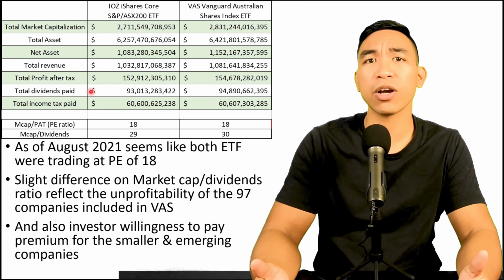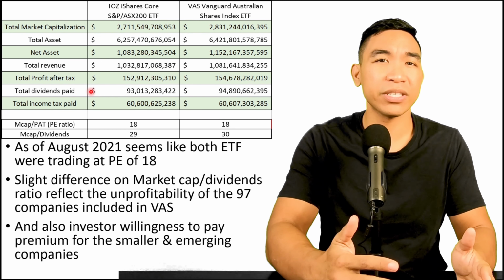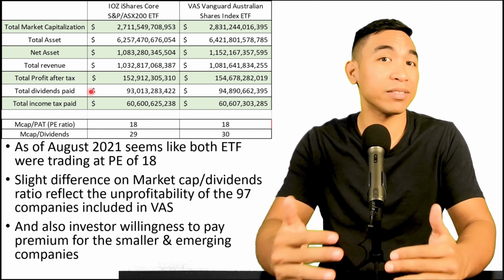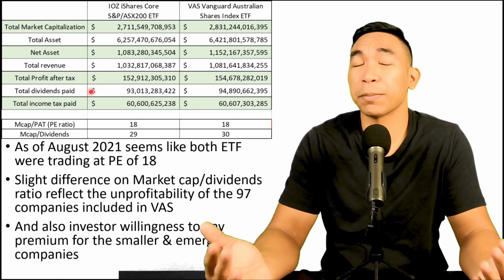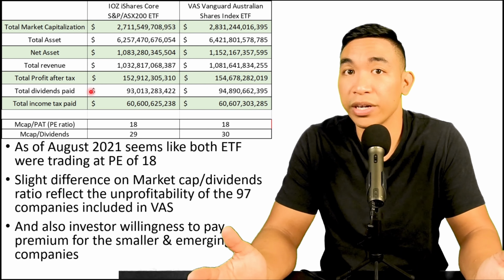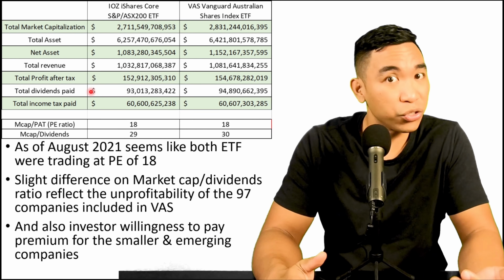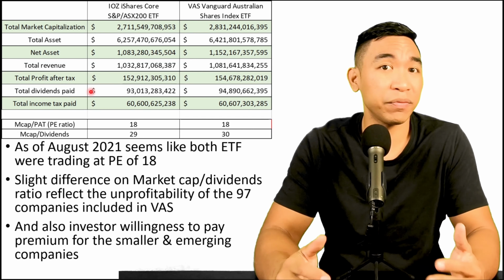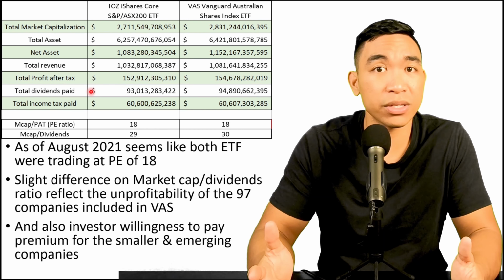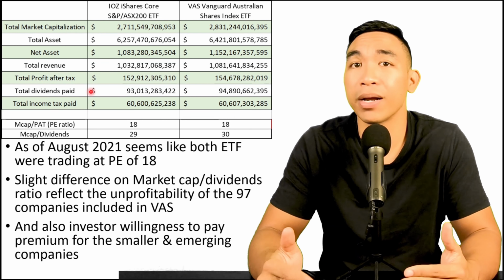If we do a comparison between market capitalization and the profit after tax, pretty close to a price to earnings ratio, we have a total market capitalization for the ASX200 ETF of about $2.7 trillion and a total profit after tax of about $152.9 billion. That is a PE ratio of about 18.